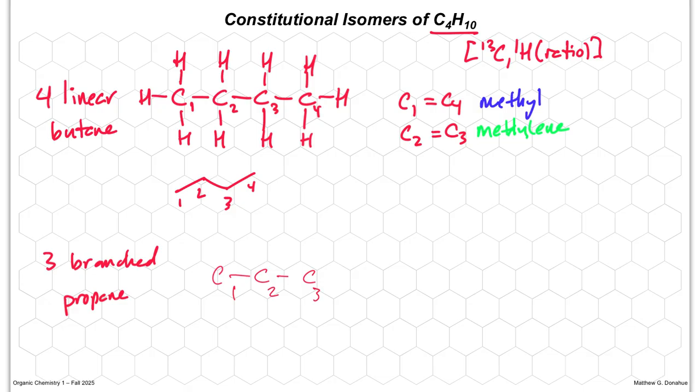On what carbon do we have to put the remaining 1? Why? If you put it on 1 or 3, you're just making butane again. So by logic, it has to go on carbon 2.